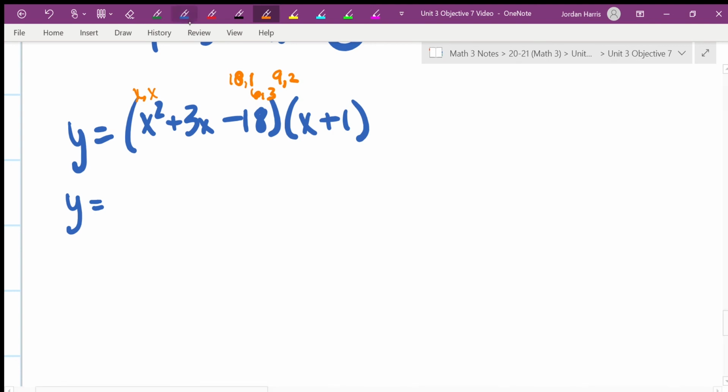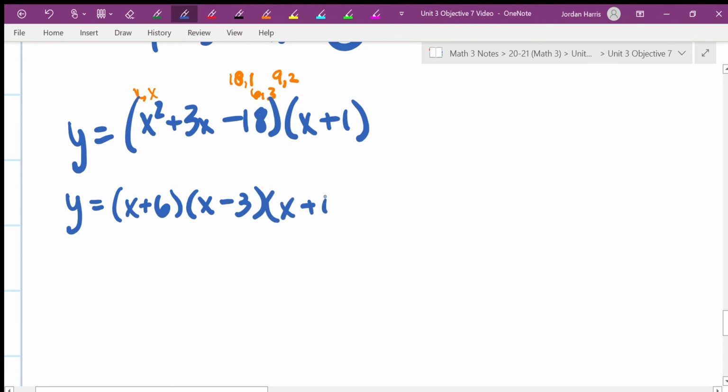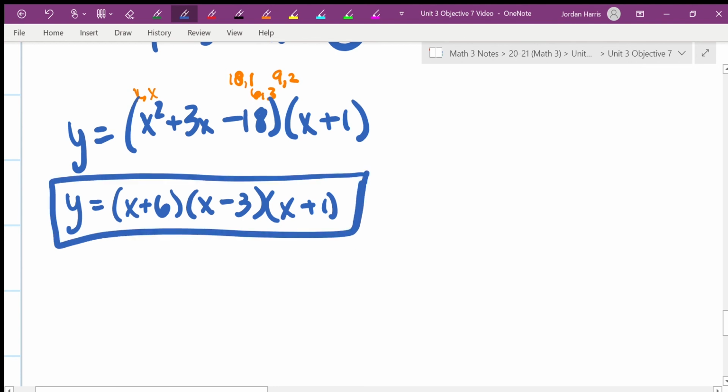It's negative. 3 is positive, so I think it's going to be x plus 6, x minus 3. That makes negative 18. And then we check positive 6, positive 6x minus 3x is indeed positive 3x. It checks. Write our last factor, which was the one we divided out, and we have our factored form.